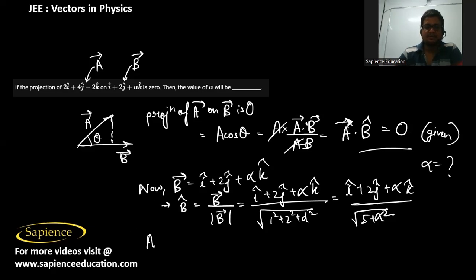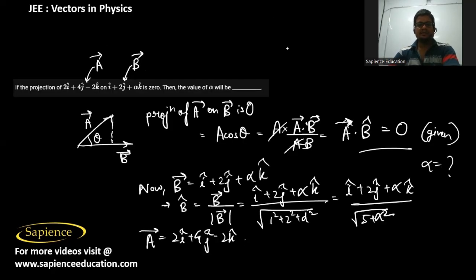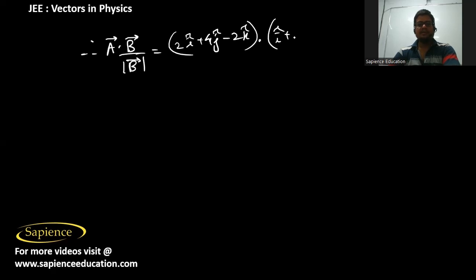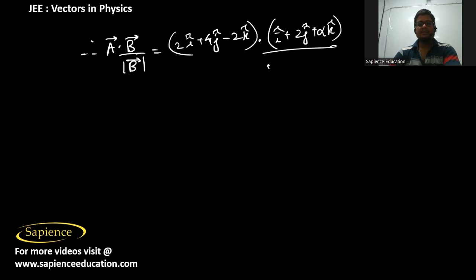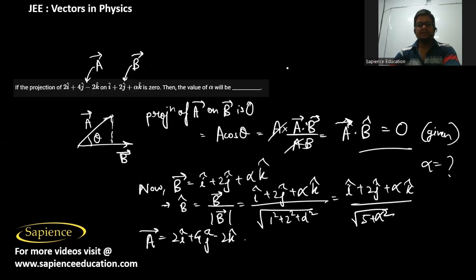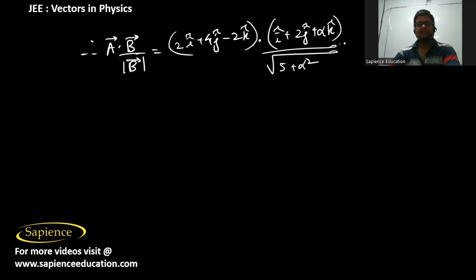Then vector A will be equal to 2i cap plus 4j cap minus 2k cap. Therefore, A vector dot B vector divided by the magnitude of B vector will be equal to (2i cap plus 4j cap minus 2k cap) dot (i cap plus 2j cap plus alpha k cap) divided by the square root of 5 plus alpha square. That should be equal to 0.